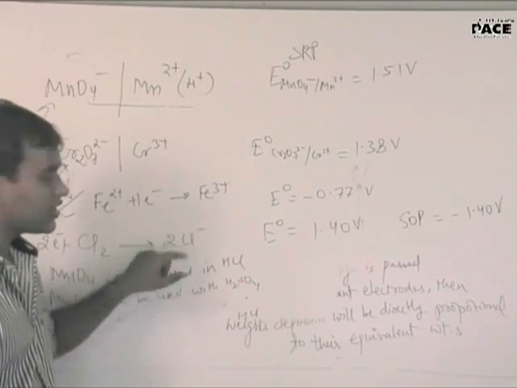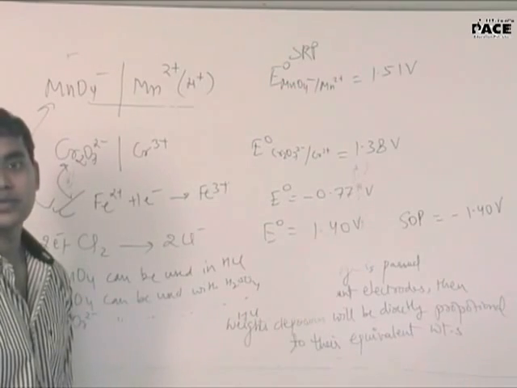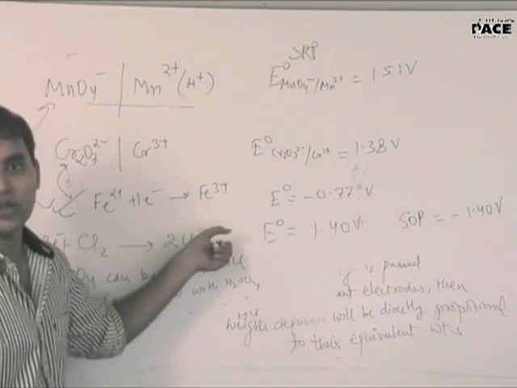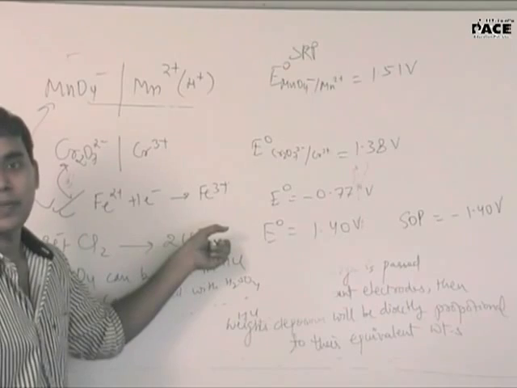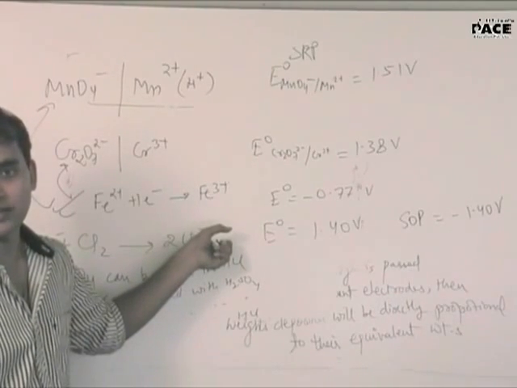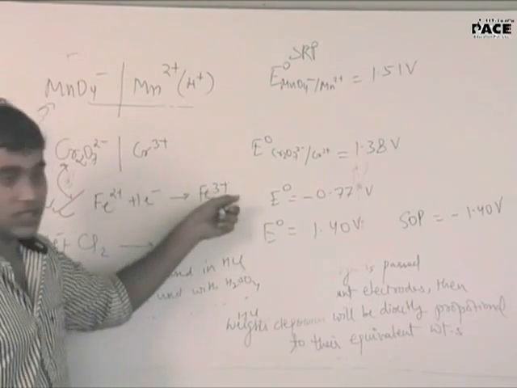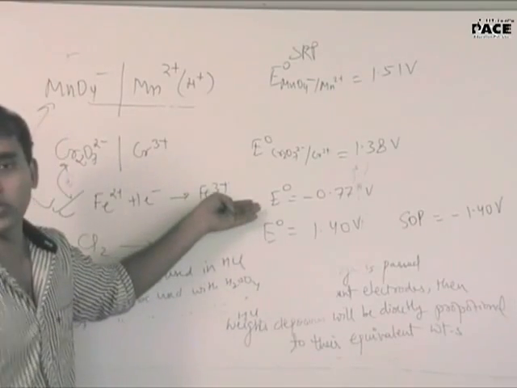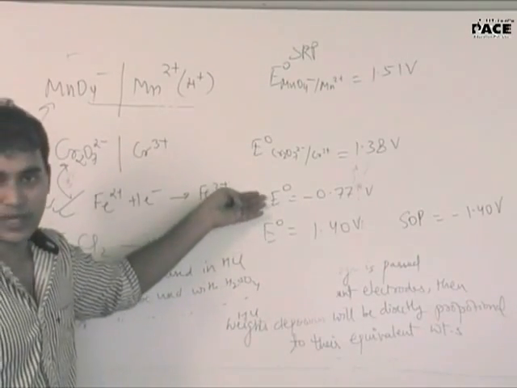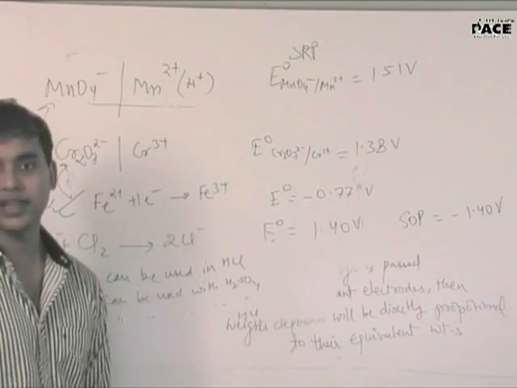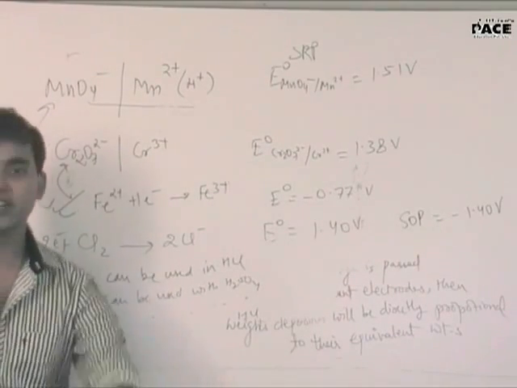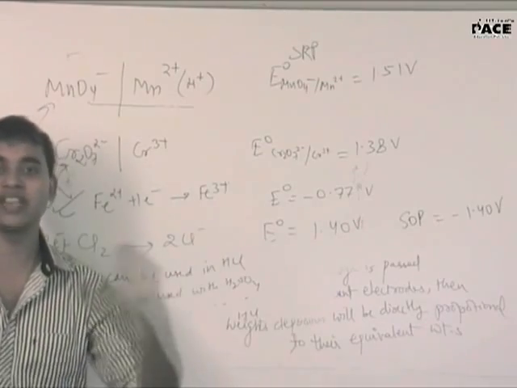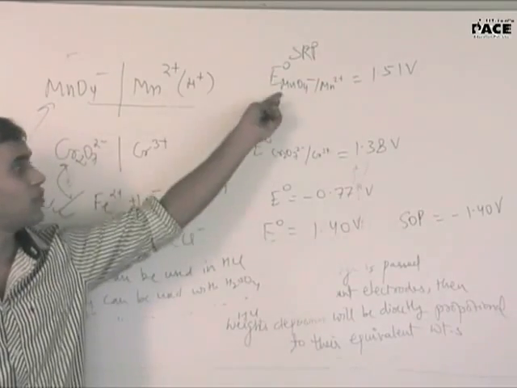So this E naught is greater than this. So basically it will get oxidized. And if you are doing an estimation, you should get this oxidation, right? Because this is what you are going to estimate. So this reaction is not going to take place because its SOP is less than its SOP. Clear? In the reduction side there is no problem because you are comparing with hydrogen, which is 0. So it is 1.51, which is positive.